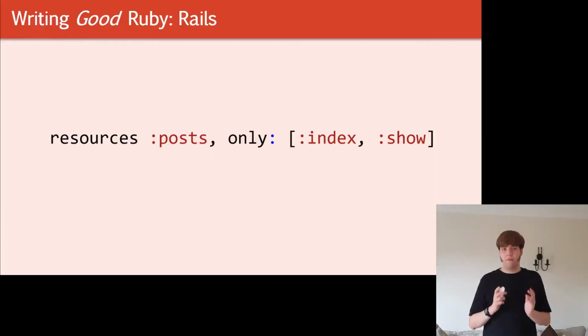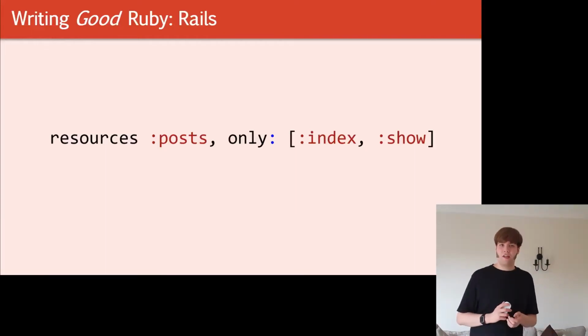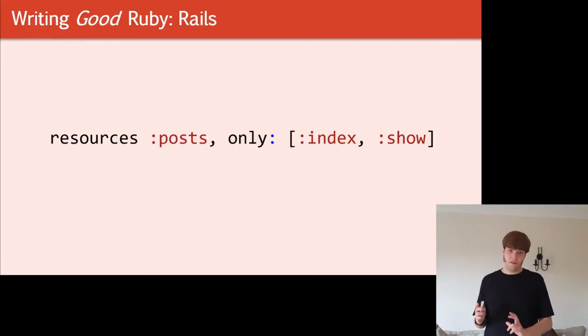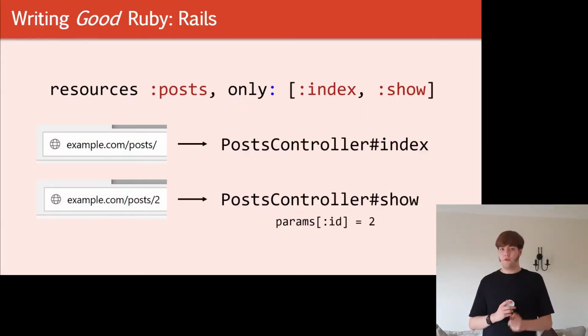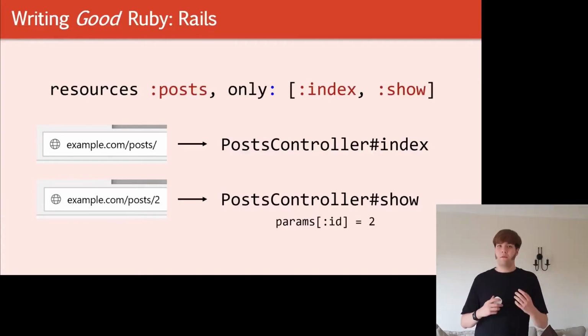Rails provides a domain-specific language for routing, built up of Ruby methods. This line in your routing table declares that your site has multiple resources which are called posts, and that we should be able to view an index of all posts and show one post. This sets up 2 routes. The first is the /posts URL, which invokes the index method on the posts controller, and then shows the posts index view.